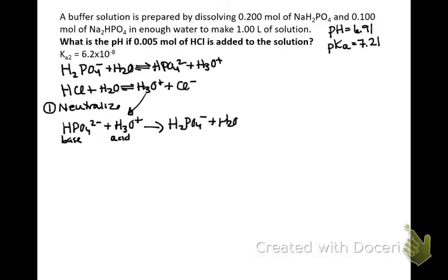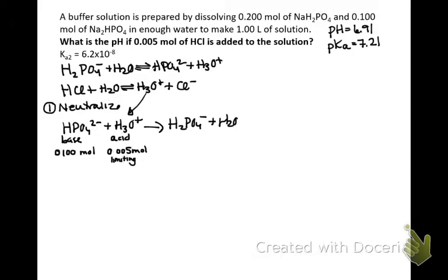If we think about the stoichiometry here, we start with 0.100 mole of HPO4 2 minus, and we're adding 0.005 mole of H3O plus from the HCl. That means that the H3O plus is limiting.